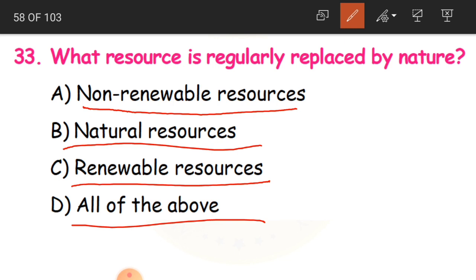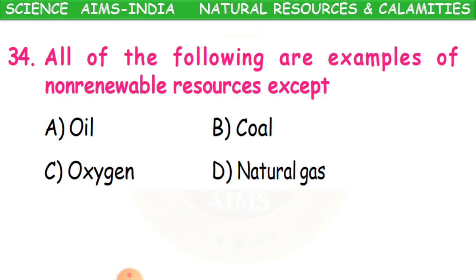And the correct option is C, that is renewable resources. So we are going to get the resources by nature very regularly. They are renewable resources. 34th question, children.